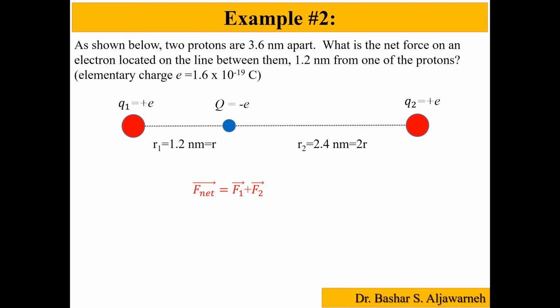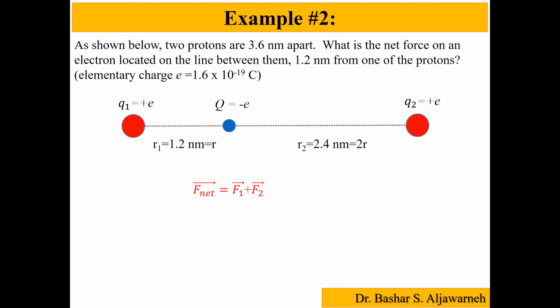Same procedure for the second force, F2 equals K Q2 capital Q divided by R squared. And the direction here, I have negative charge and positive charge, so we have attraction, but we are looking at the attraction of this charge. So it's going to be all the way to the right, or positive x-axis. Now we have the magnitude of F1 and F2 and the direction for both of them.